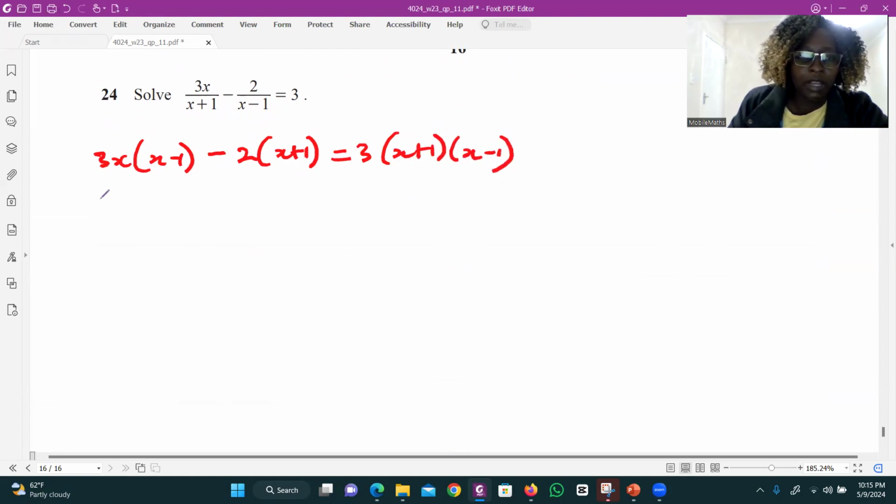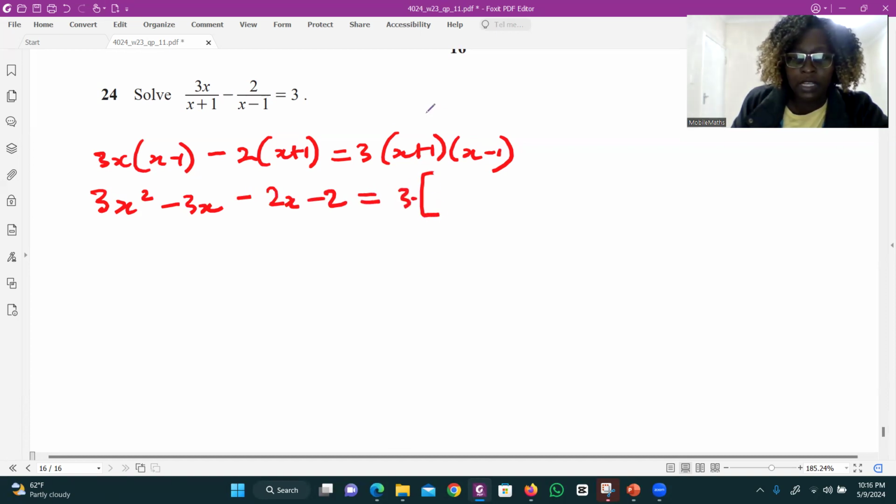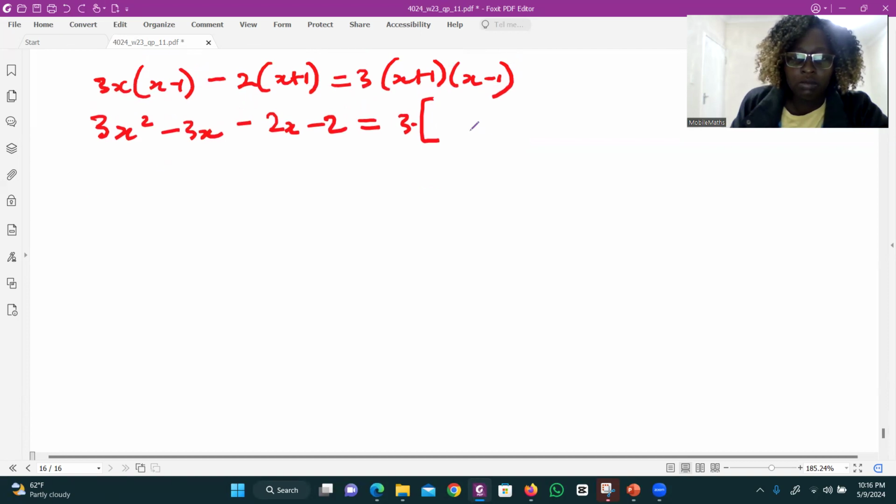Okay, let's simplify. This is 3x squared minus 3x minus 2x minus 2 is equal to 3x. Let me simplify this part first, because it's going to be a lot. So this is going to give me x squared minus x plus x minus 1.